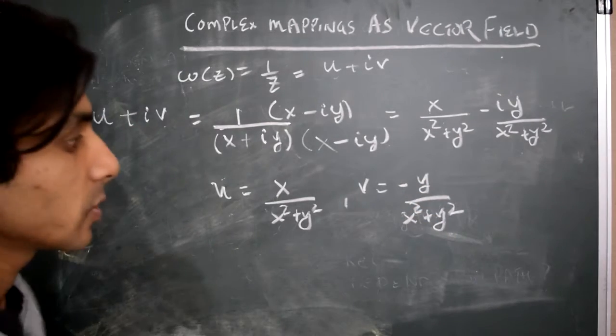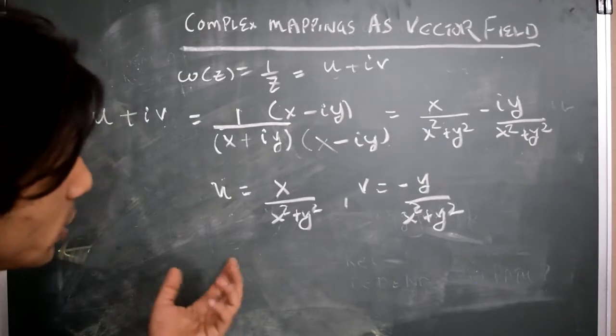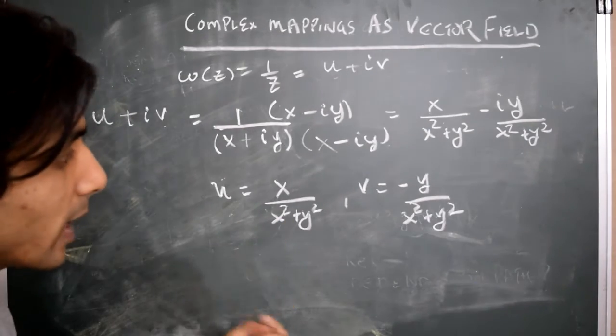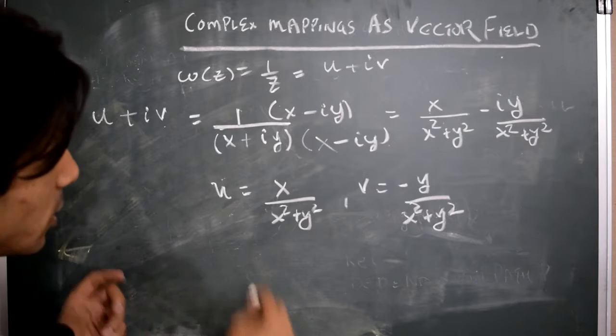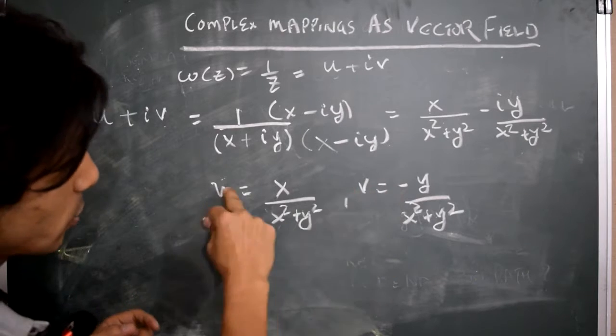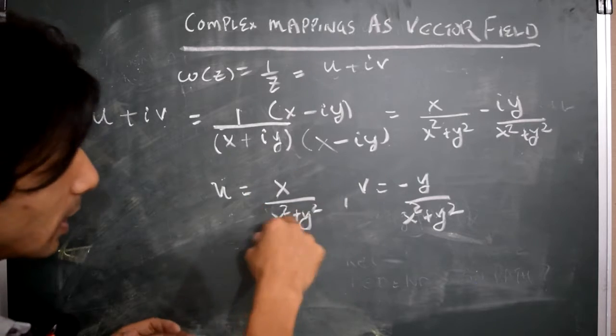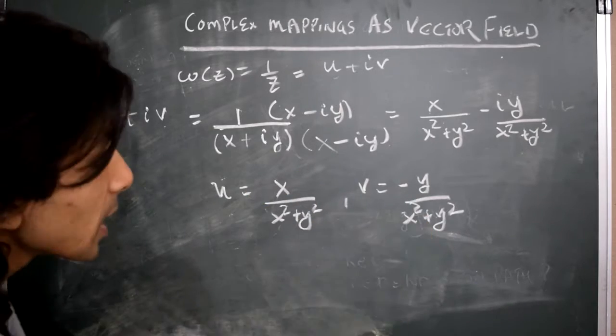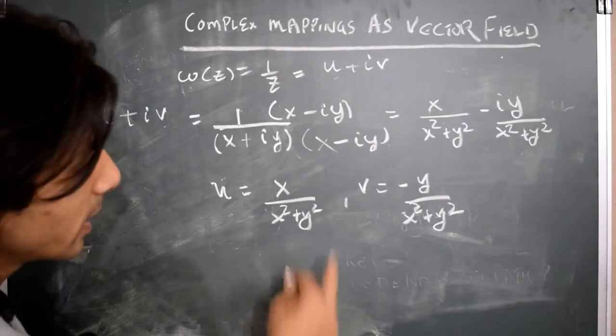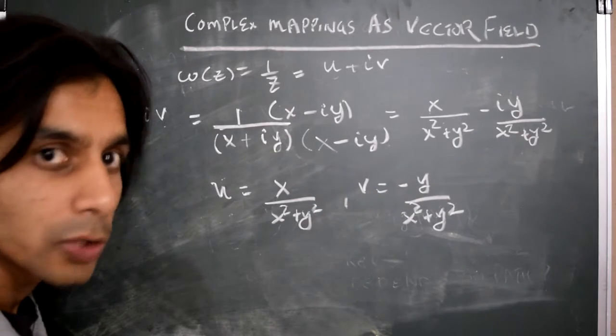And drawing a vector field associated with this complex mapping essentially means at any point x comma y, we'll draw an arrow whose magnitude is square root u squared plus v squared, where we know the values of u and v at any given point x comma y. And likewise, the angle that it makes is tangent inverse of v divided by u.